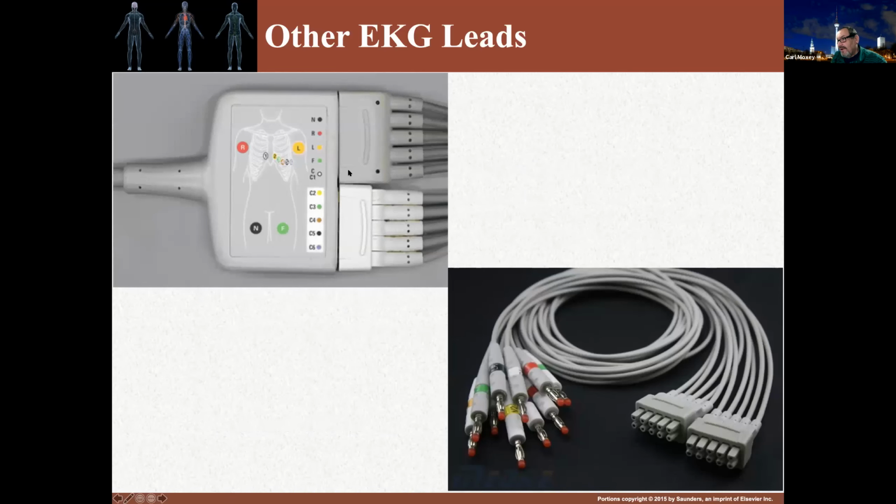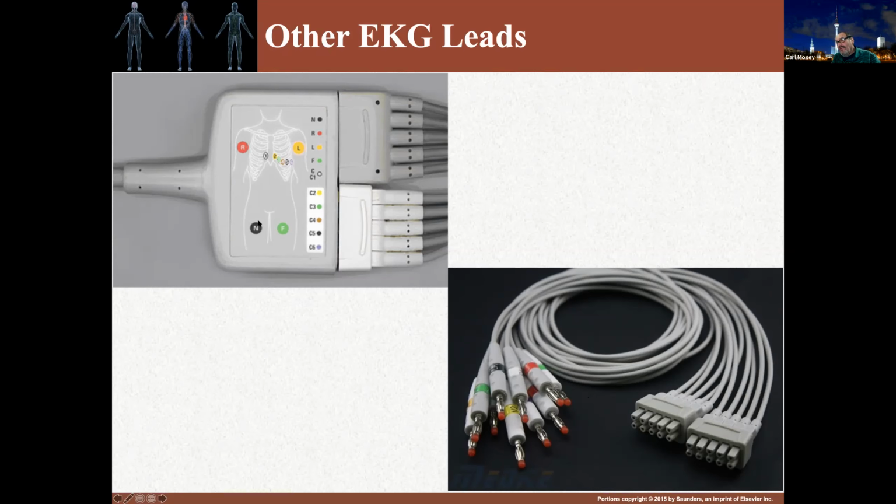Now, to do a 12-lead EKG using the 3 limb leads, 1, 2, and 3, the 3 augmented leads, AVR, AVL, and AVF, you use a harness which looks something like this. And this connects via this cable to the machine, which is actually going to record and analyze the EKG. And these are the harness cables, which then get connected to the various electrodes that you have on your body.